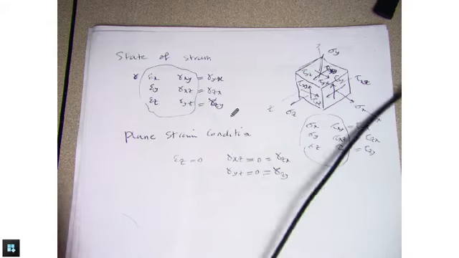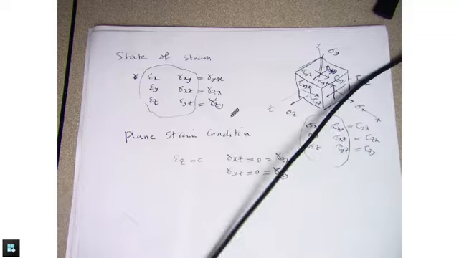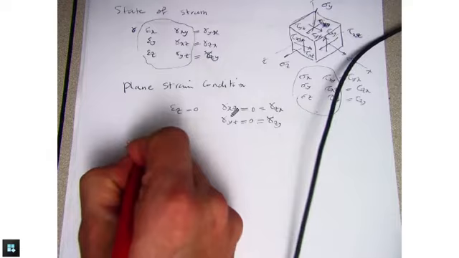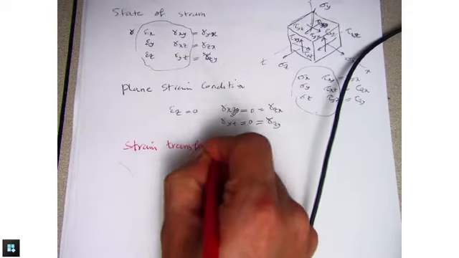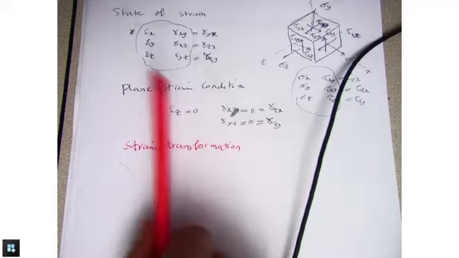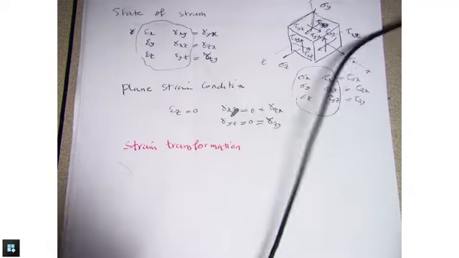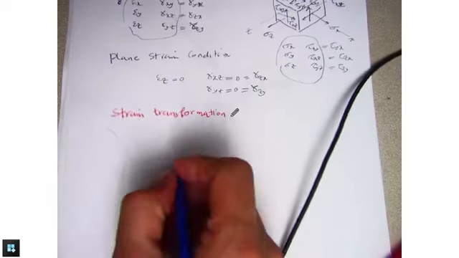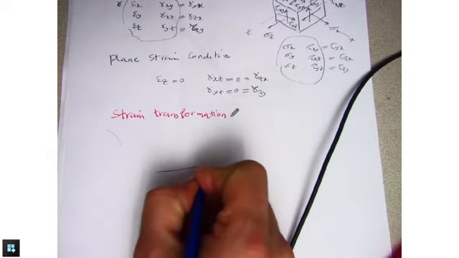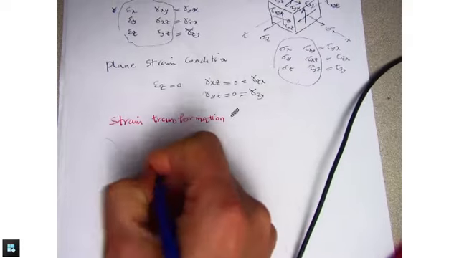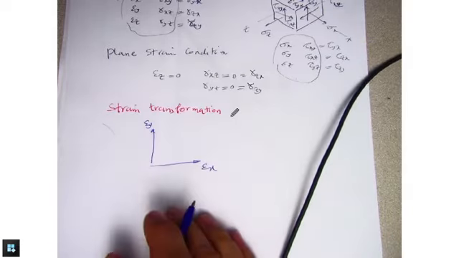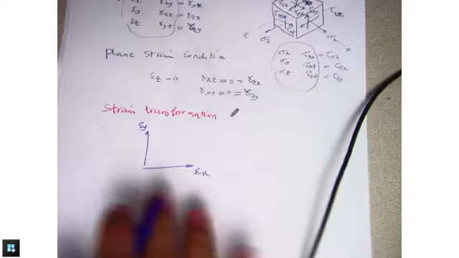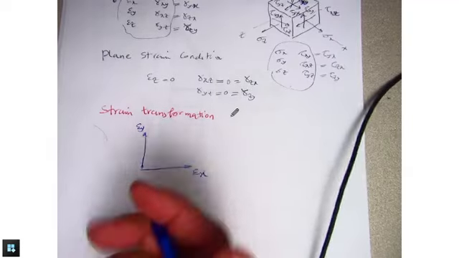All right, so let's say I have for one coordinate system epsilon x in this direction, epsilon y in this direction, and also I have gamma xy.